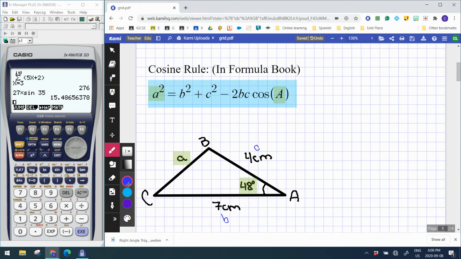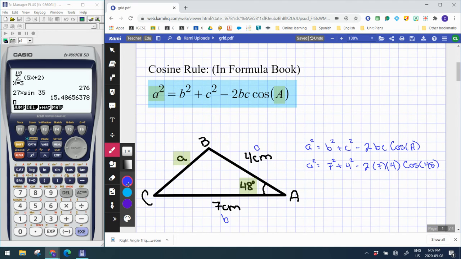So when we sub into our formula, we get a squared equals b squared plus c squared minus 2bc cosine. We're going to keep the a squared. We have 7 squared plus 4 squared minus 2 times 7 times 4 cos 48.